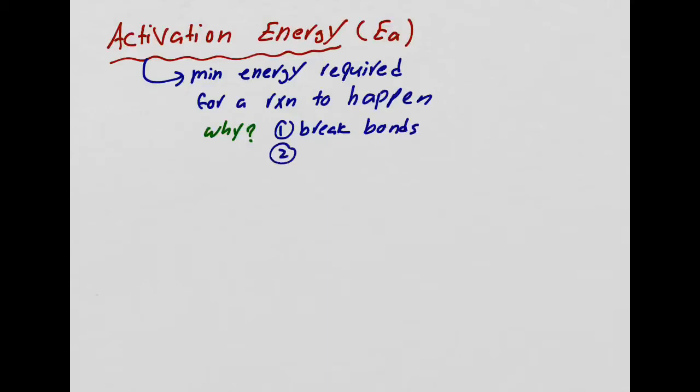And second of all, you need molecules to move fast, because once they move fast, they're going to collide. And when they collide, you have more chance of getting it at the right orientation for the reaction to happen.